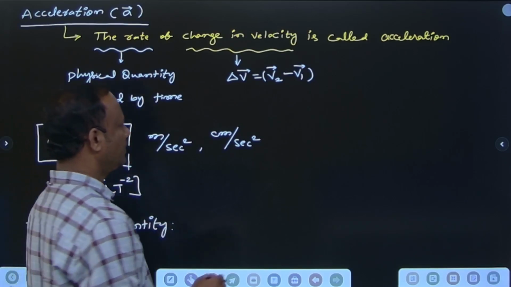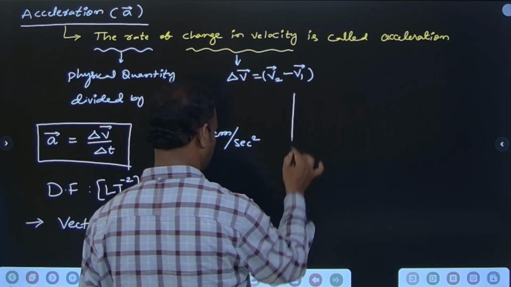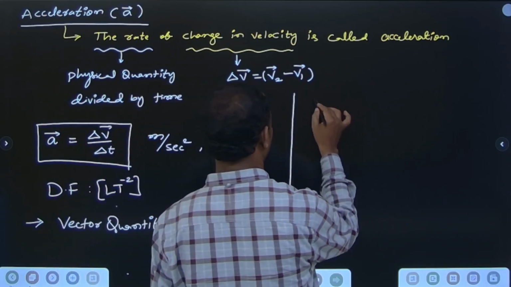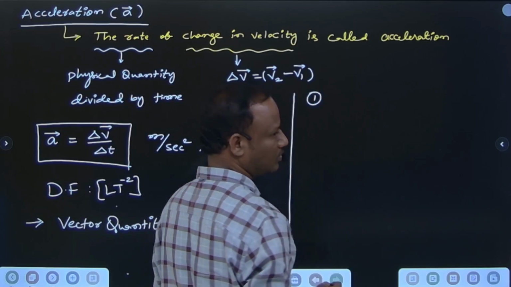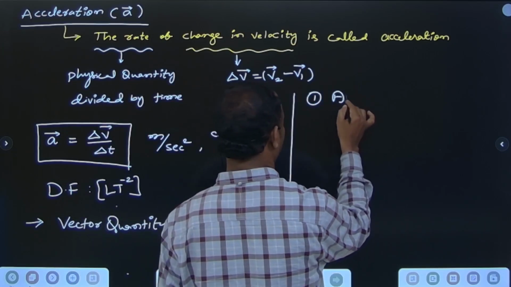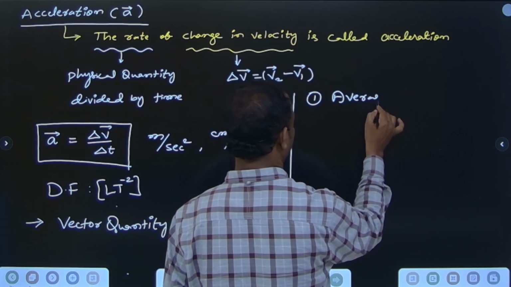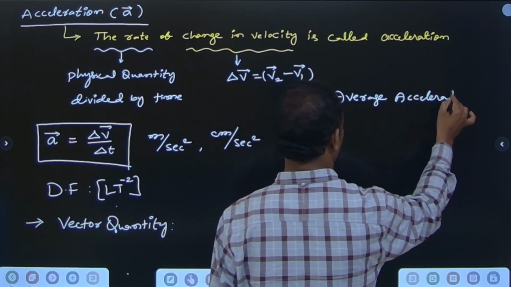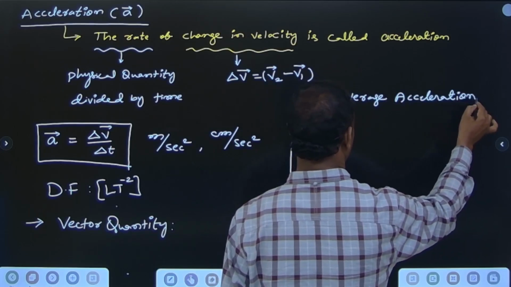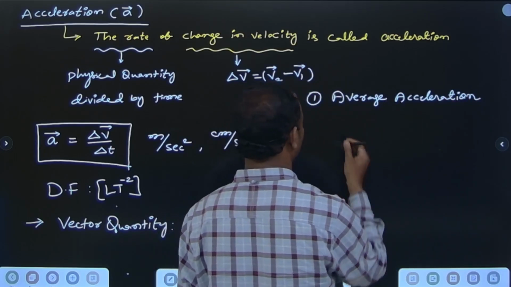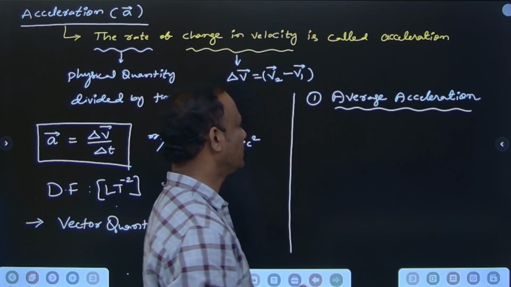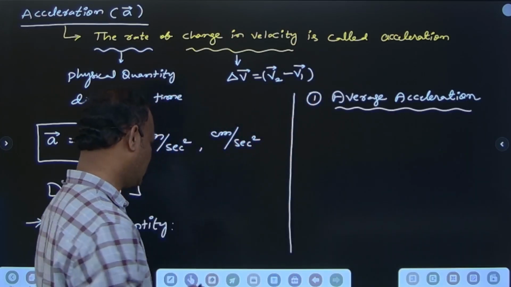When you speak about acceleration, there are two types of accelerations we can talk about. The first one is average acceleration, and the next one is instantaneous acceleration.